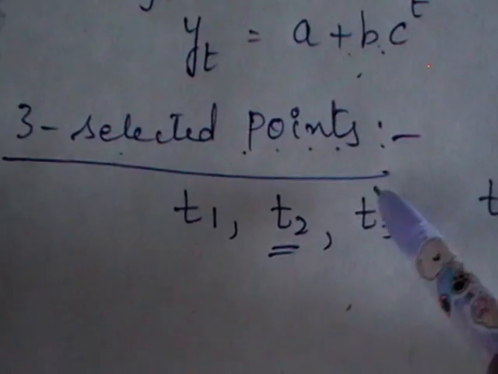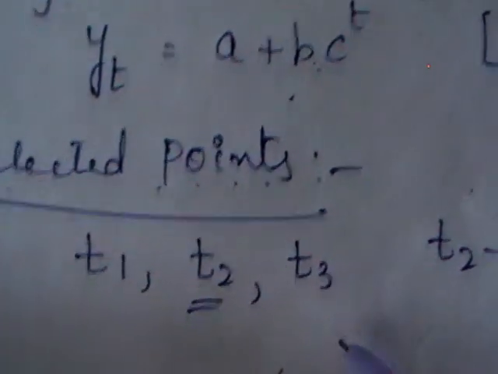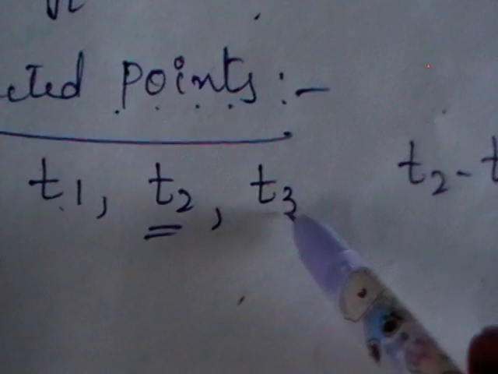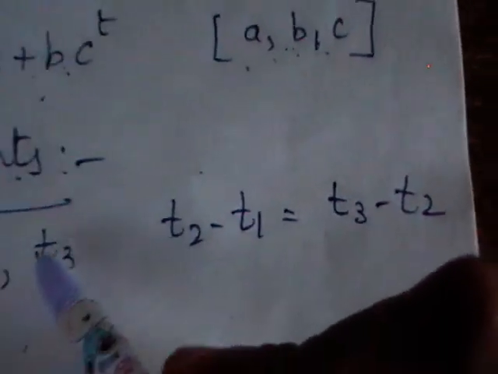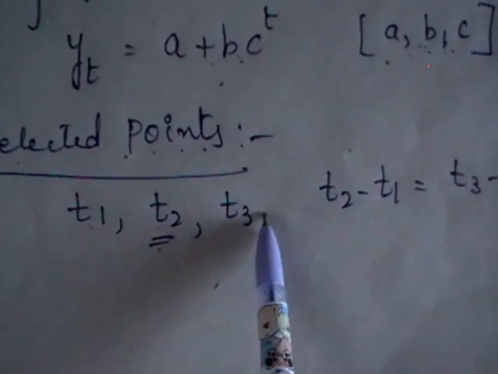We have considered 3 points, and t2 is the middle one, equidistant from the first point and third point.